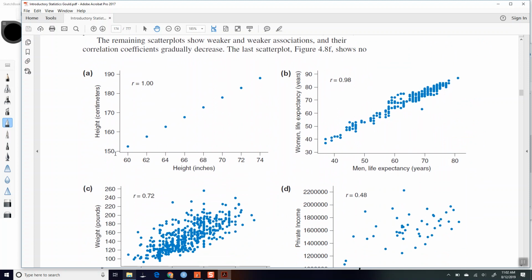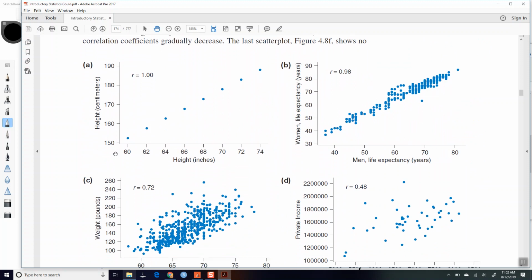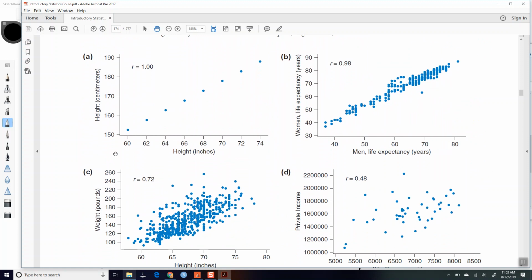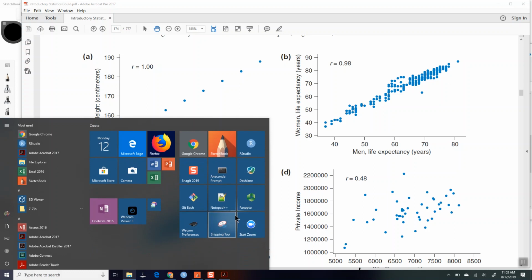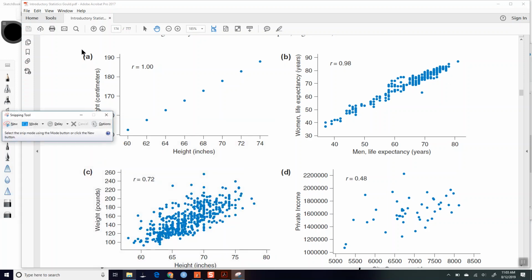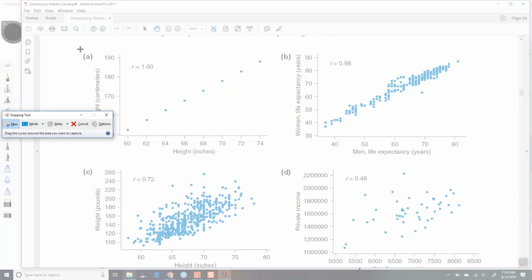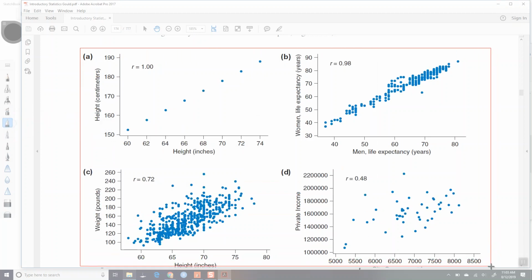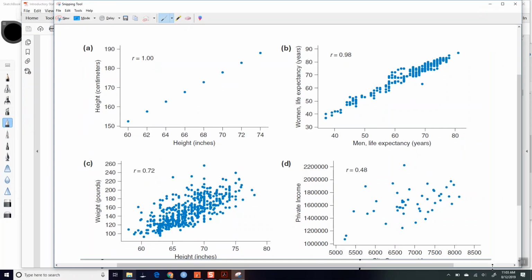Okay, so here are some different scatter plots that show us the corresponding values of R. This is in section 4.2 of the textbook, okay?